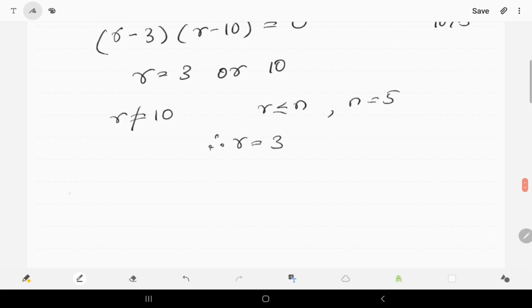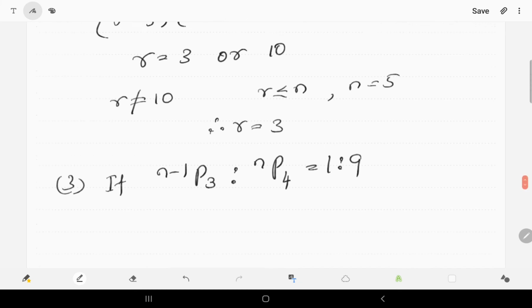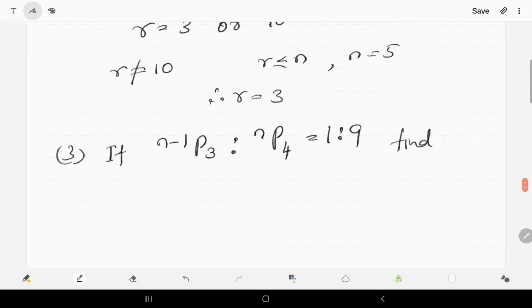Next one: if (n minus 1)P3 ratio nP4 is equal to 1:9, find n. Given (n minus 1)P3 : nP4 is equal to 1:9.